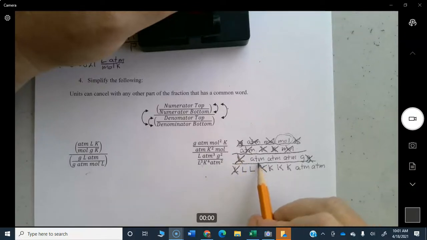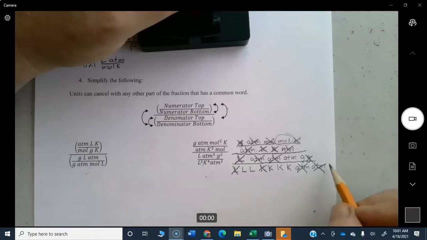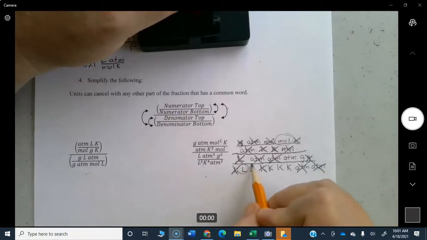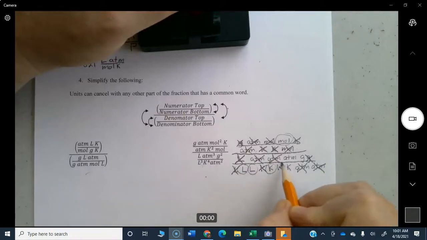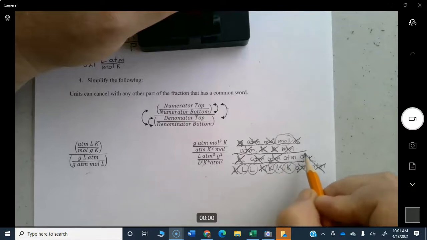Atmospheres, we have atmospheres, denominator top, denominator bottom, they cancel. And another one, atmosphere cancels. Okay, and then grams, no more grams. So we don't have anything else we can cancel. Just verify that for yourself. So this liters, liters, Kelvin, Kelvin, Kelvin, and grams here.